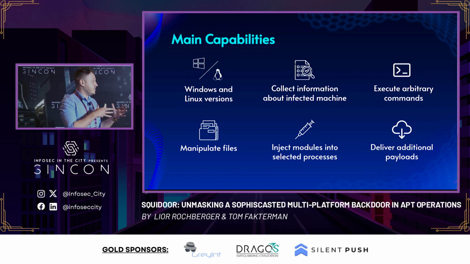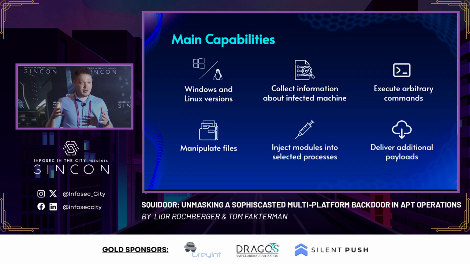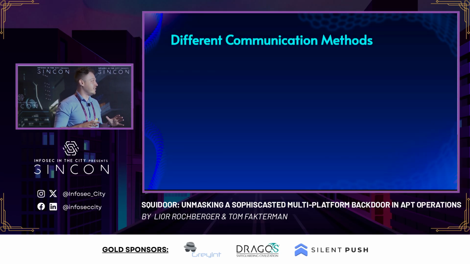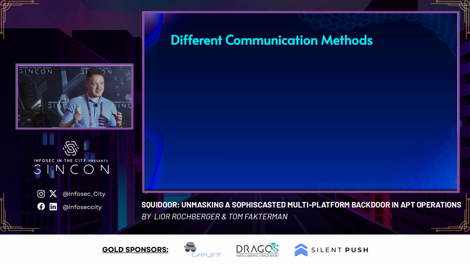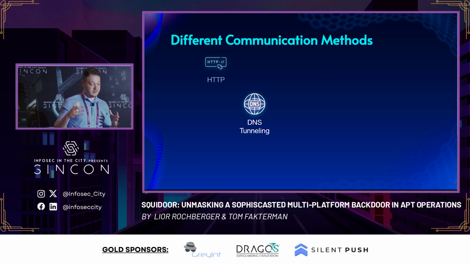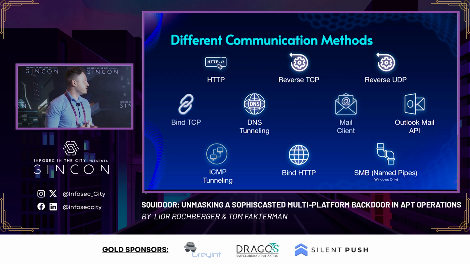But the really interesting part, and what makes this malware so unique, is how it communicates with the command and control. Or to be more specific, in how many ways it can communicate with the command and control. Squidoor is able to use 10 different methods to communicate with the attackers on the Windows version and 9 different methods on the Linux version.